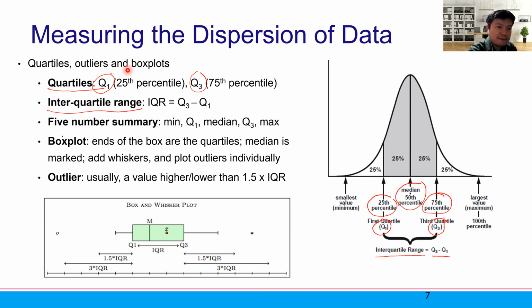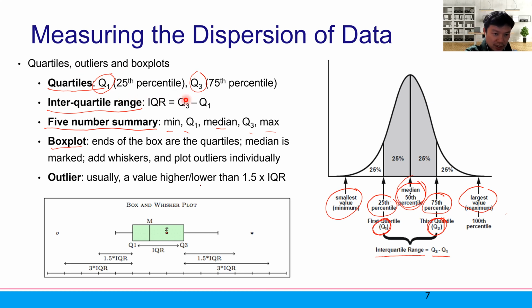And we have the 5-number summary. What is the 5-number summary? We have the minimum, Q1, the median, Q3, and the maximum. So we have 1, 2, 3, 4, 5. To show the 5-number summary, we can use a box plot. The box plot is a way to show all the measurements for the dispersion of data.